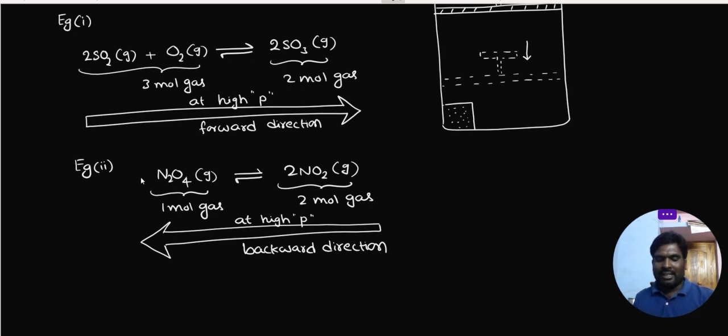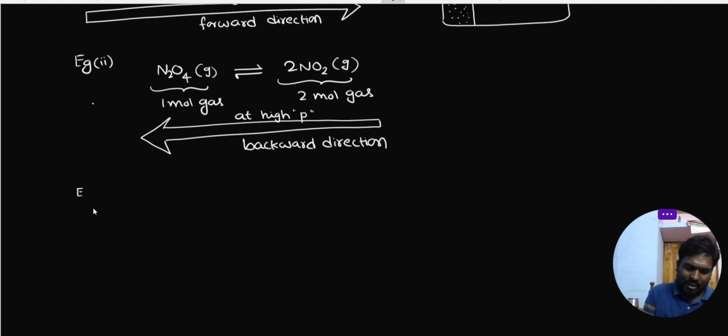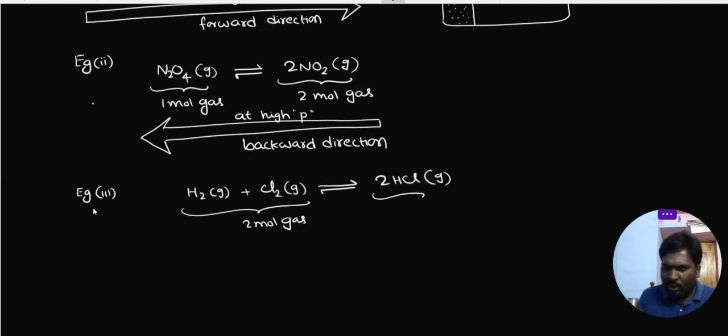Now, coming to the third example: hydrogen gas plus Cl2 gas giving rise to 2HCl gas. How many moles of gas? 2 moles on the left and 2 moles on the right.